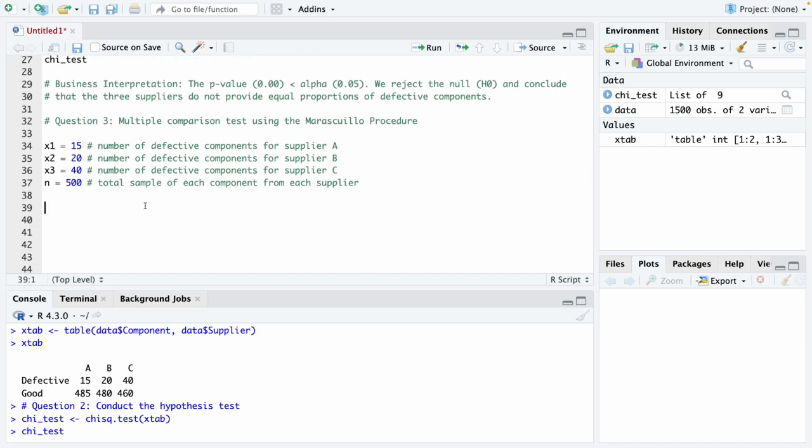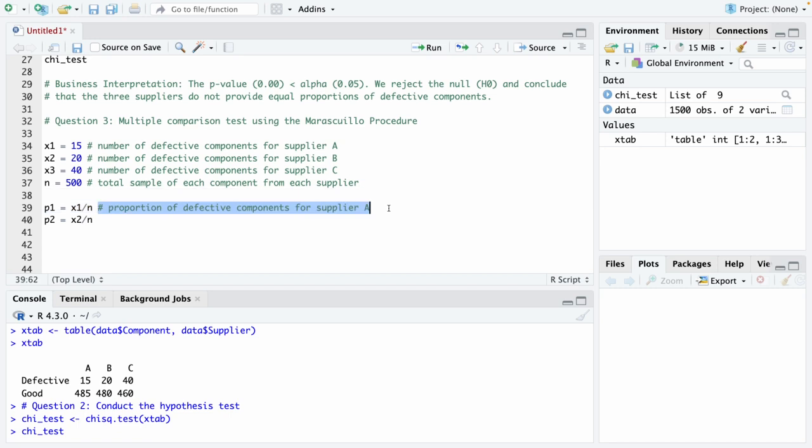Then my proportion: P1 will be x1 divided by n. This would be the proportion of defective components for supplier A. Then P2 will be x2 divided by n.